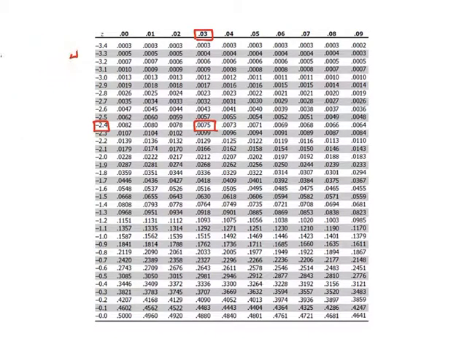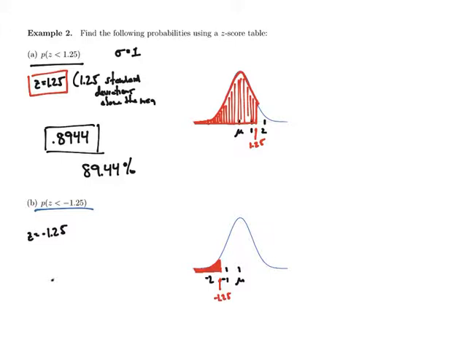Again, I'm going to erase this information so we can start afresh. And we're looking for negative 1.25. And we're finding the corresponding value, which is 0.1056. So that tells us that that is the probability that we are less than negative 1.25. That is 10.56%. And you should think about, does the value make sense with what we're trying to find as well? That can catch some mistakes with more complicated problems.